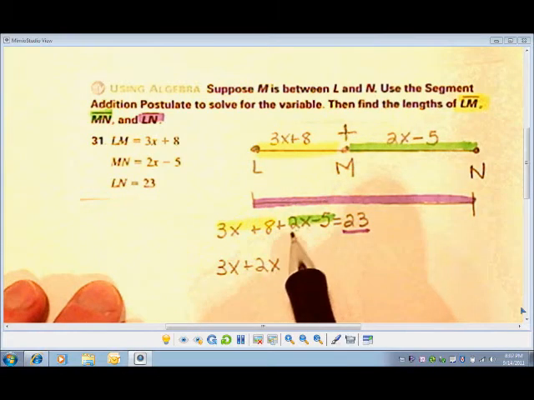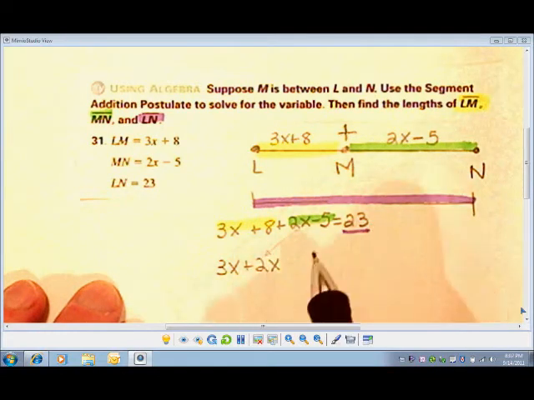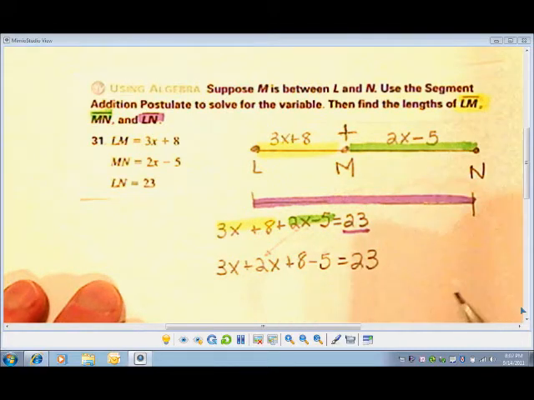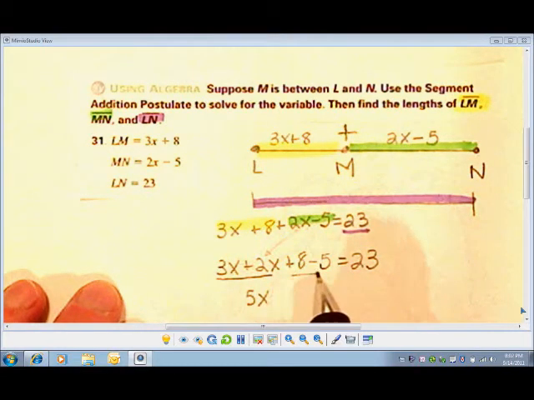I just simply brought that one over here. Plus 8 minus 5 equals 23. So I'm going to add my like terms. So that's 5x. Add my like terms, plus 3. And that equals 23.